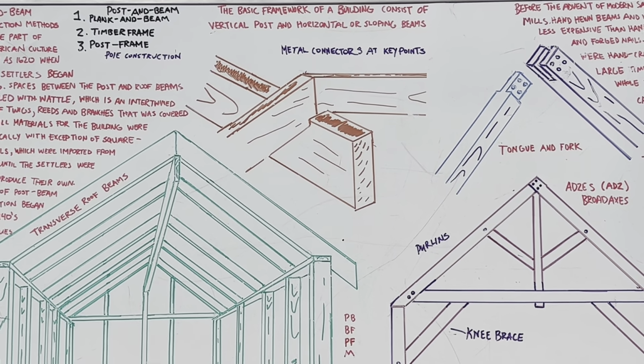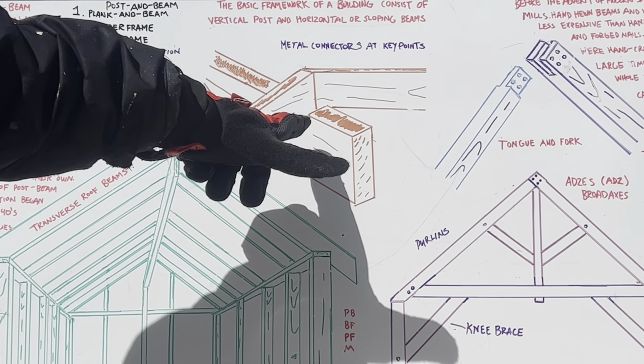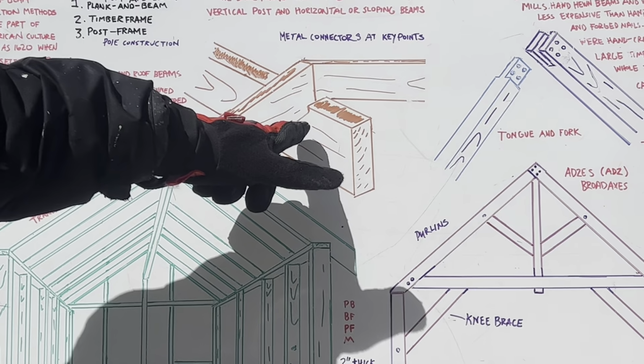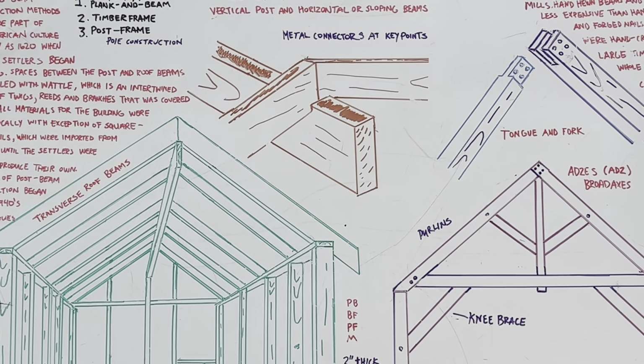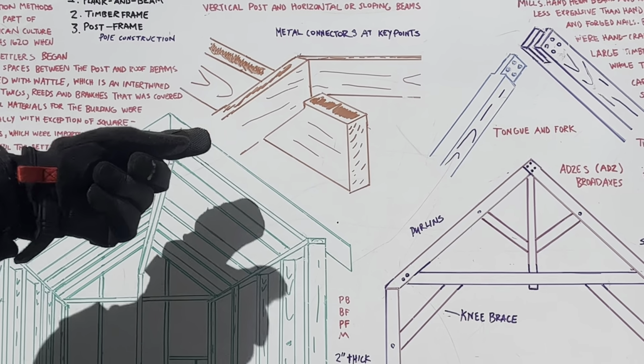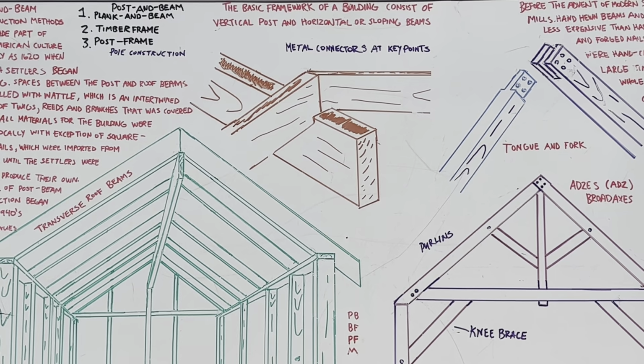And also, instead of having your beam sitting on top of your ridge beam like this, you can have them coming straight into it, just like platform framing. You can also have your transverse roof beams coming into the face of your ridge beam right there.